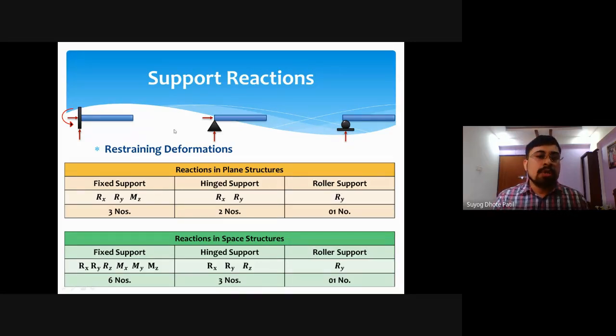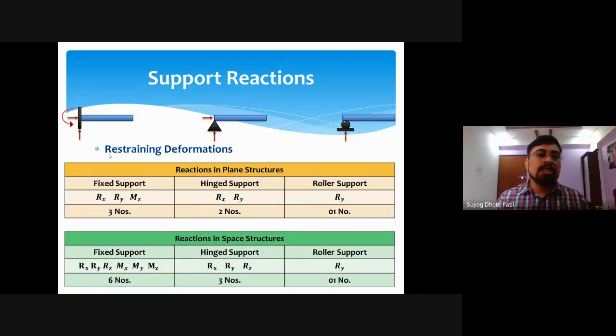Now, I assume that you know these support reactions as well as where each reaction component comes from, but for the timing, I am discussing in short what the meaning of Rx, Ry, Mz is for the particular support.